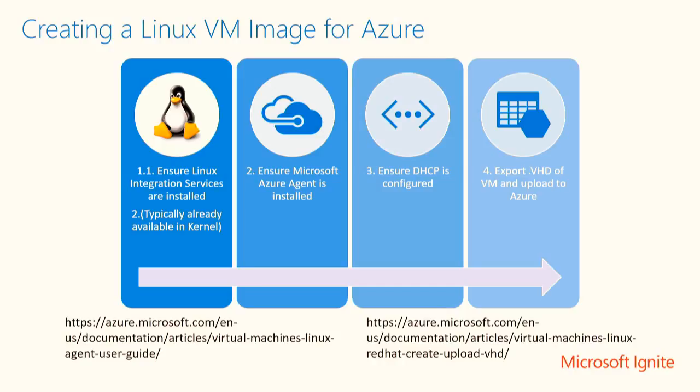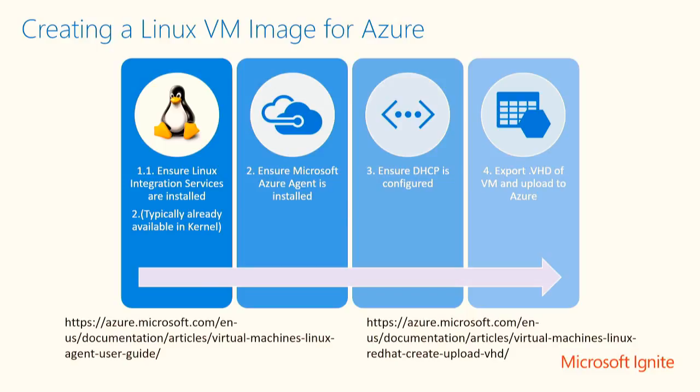Next, you'll need the Microsoft Azure Agent. So we've got instructions up on the docs page. So if you're creating an SOE image, chances are you've probably got Linux integration services installed on the kernel if it's recent. So you'd really only need to add the Microsoft Azure agent, and that agent is going to allow us to do configuration on the virtual machine, run virtual machine extensions, get IP addresses that it's been assigned from the platform and stuff like that.